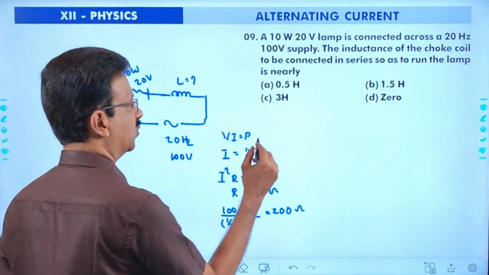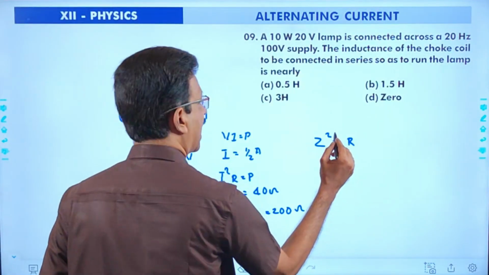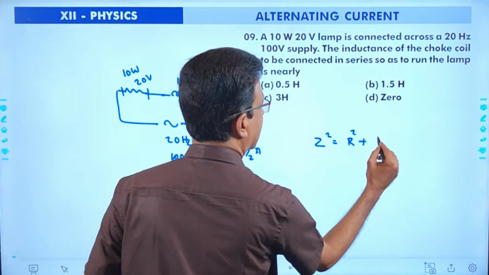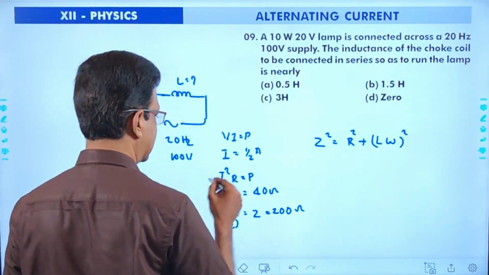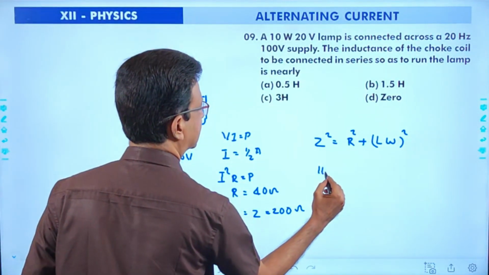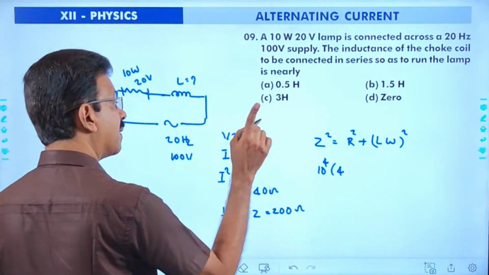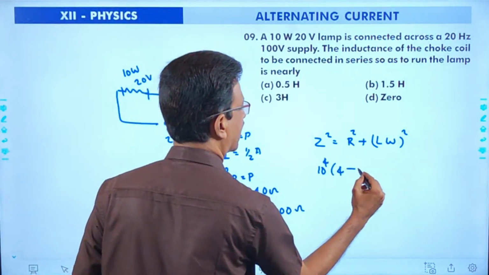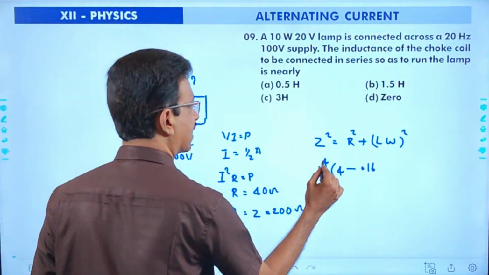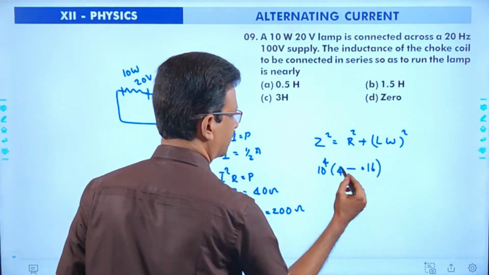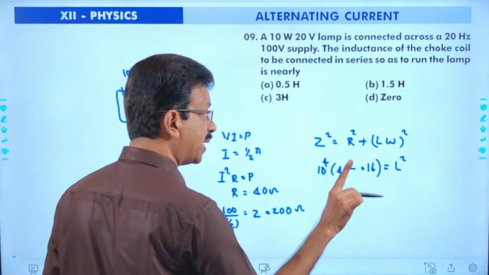Then the impedance equation is Z square equal to R square plus (L omega) the whole square. That is, impedance square, 10 raised to 4 into 4, 200 square, minus R square, 40 square, 0.16 into 10 raised to 4 equal to L squared omega square.